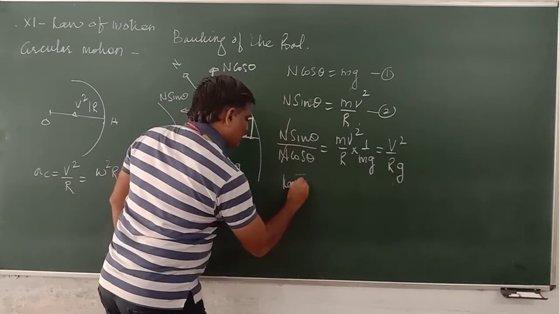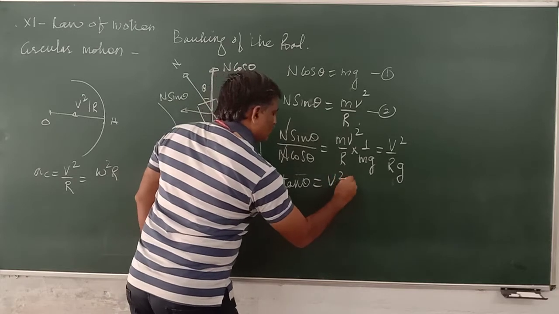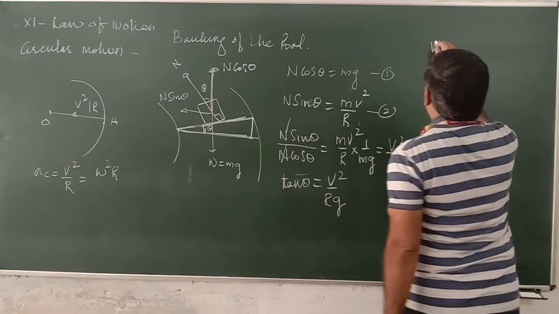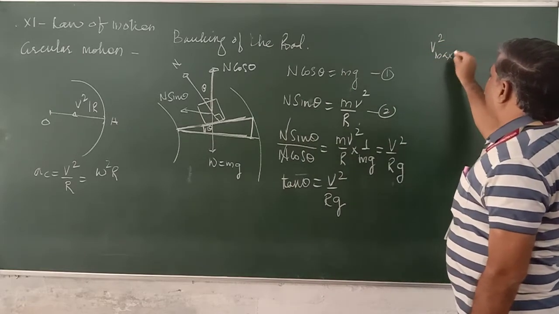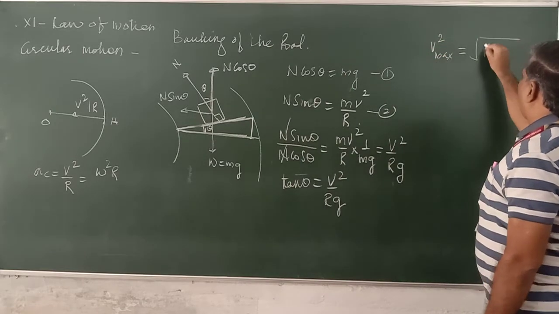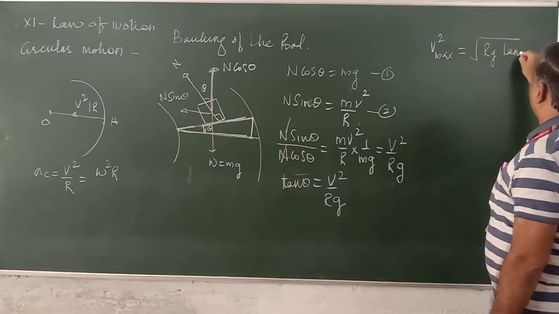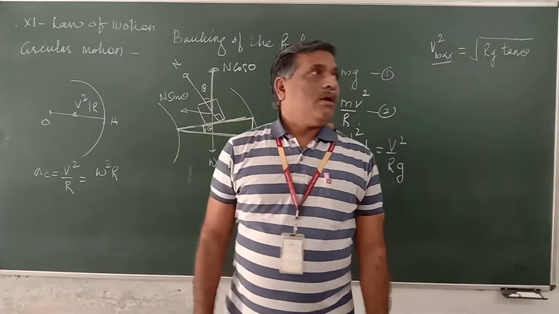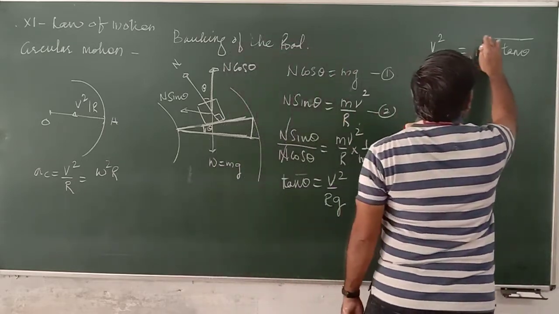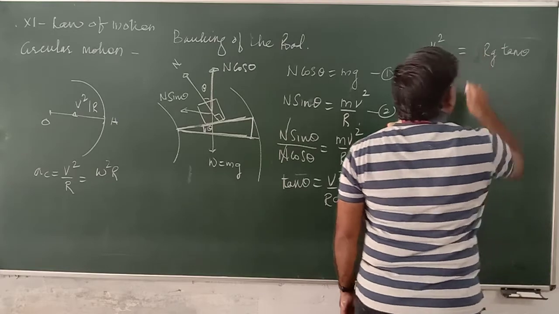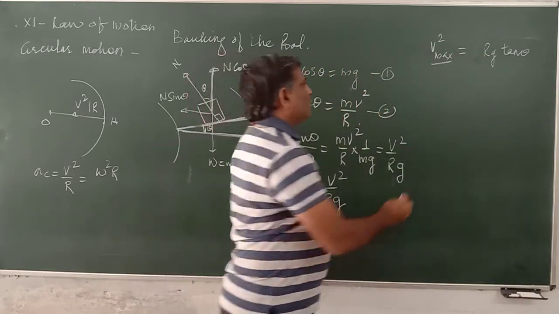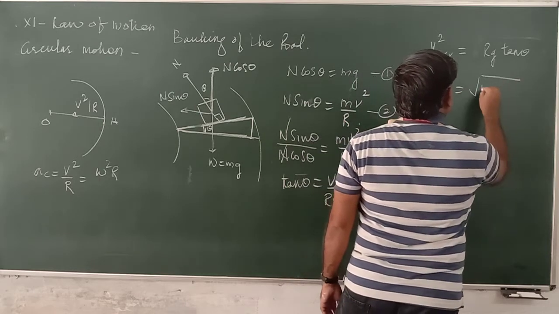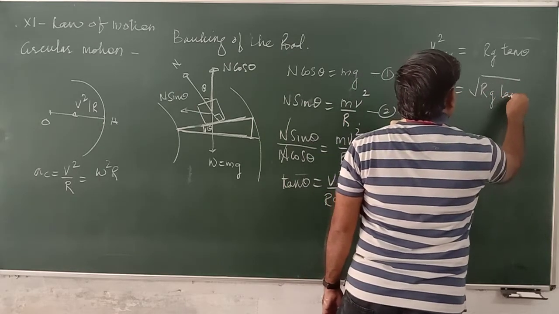We get tan theta is equal to v square by rg, or from this one, v square maximum is equal to rg tan theta. So the maximum velocity by which the vehicle can take a turn along the curved road is root of rg tan theta.